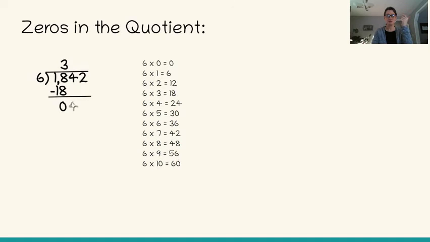Now we're going to work on tens. So I'm going to bring down that 4, and we're going to work on the tens. 4 divided by 6. 4 is less than 6. So I can't actually do that. We cannot split 4 tens between 6 groups.